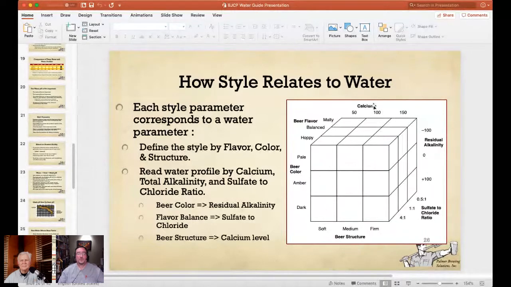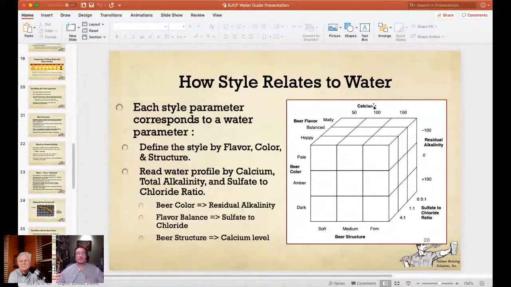As you build the calcium up to that recommended 50 ppm minimum for good beer clarity and good fermentation performance, you're adding calcium salts, calcium sulfate or calcium chloride, or magnesium sulfate, magnesium chloride, and so on. You're essentially adding to that total dissolved solids number.